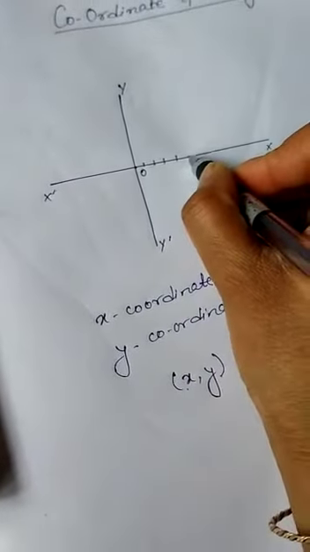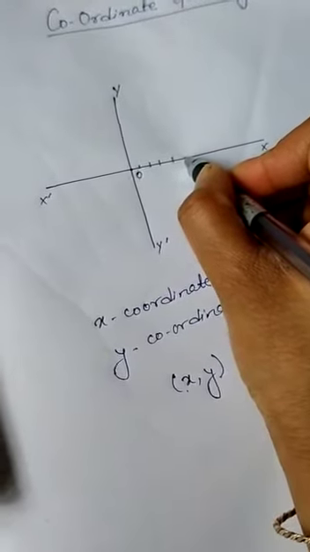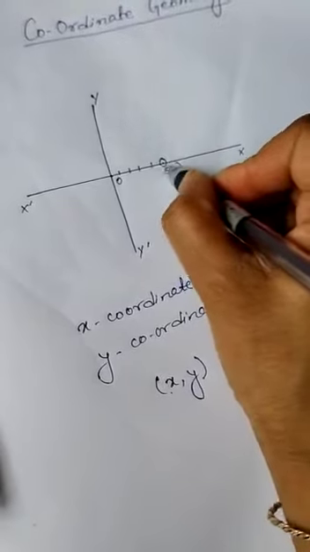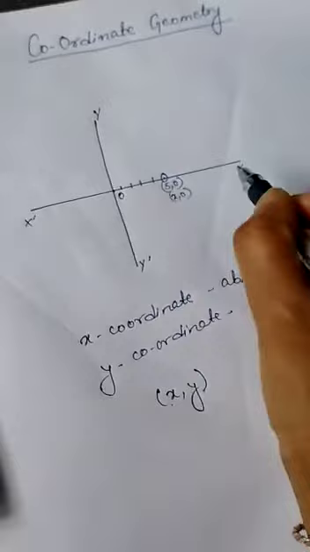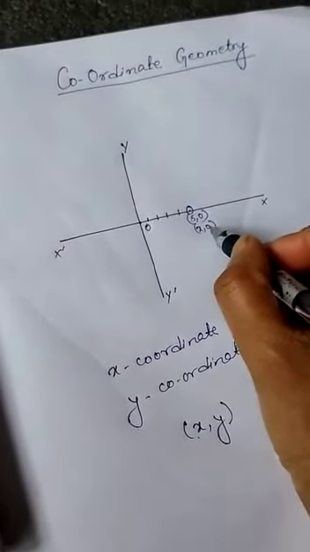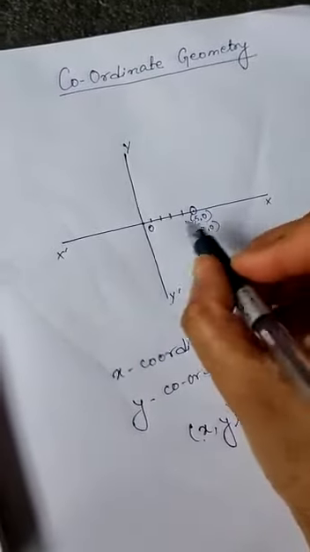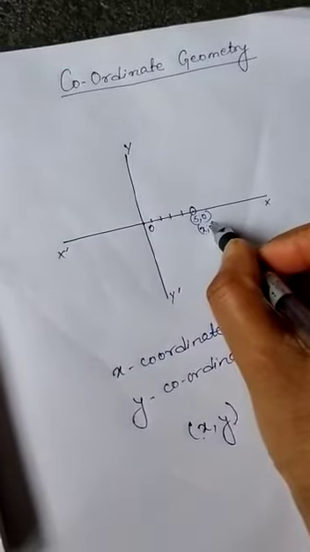If I give you 5, you put it over here, and the y value is 0, so we can't move up. So it's (5, 0). The type of point we get is (x, 0). This type of point we get on the x-axis, not in a quadrant, where y is 0.